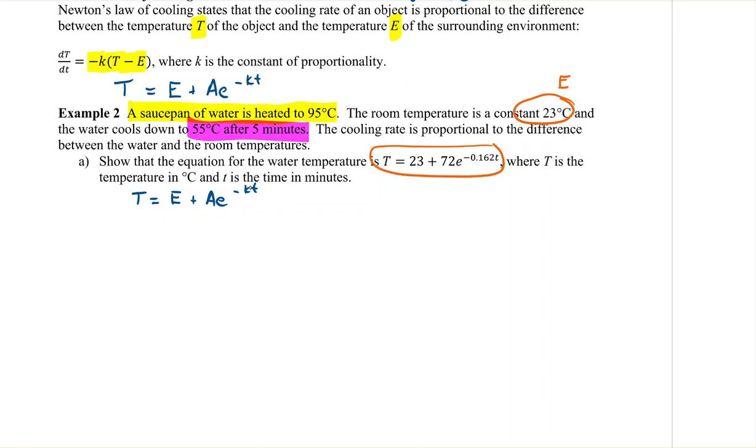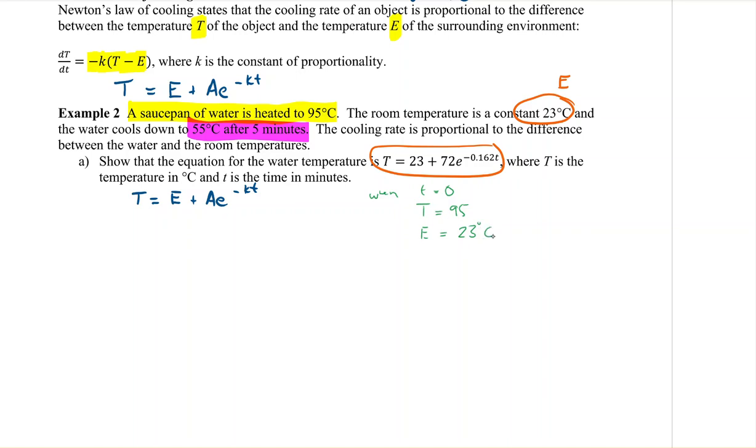Anytime you hear of Newton's law of cooling, that is your starting equation. Now, the information that I highlighted in yellow told me that when time equals 0, the temperature was equal to 95 degrees Celsius. I also need to know that the environment temperature the whole way through this is going to be the 23 degrees Celsius.